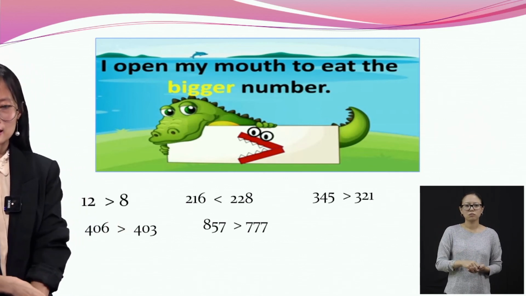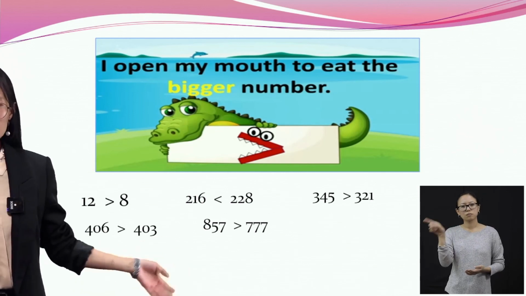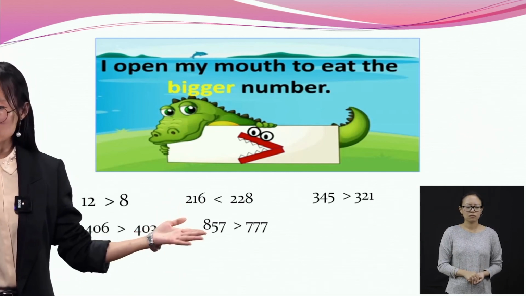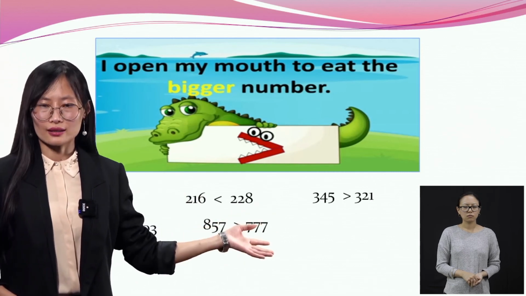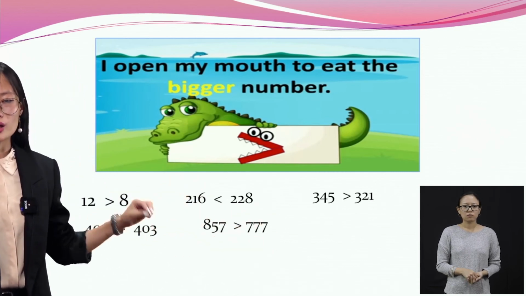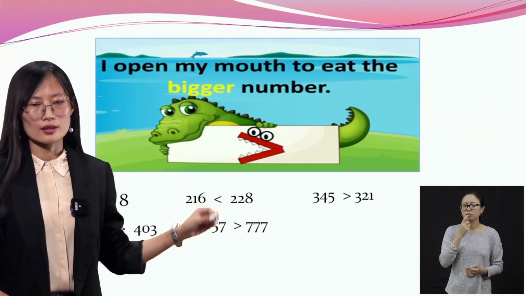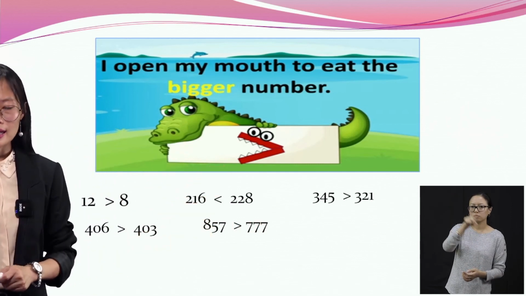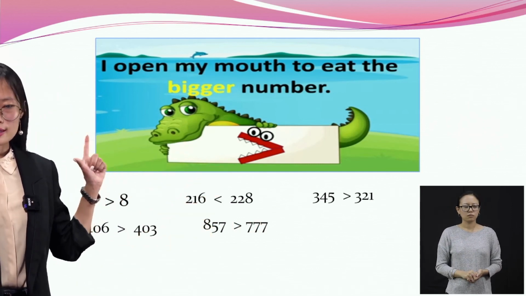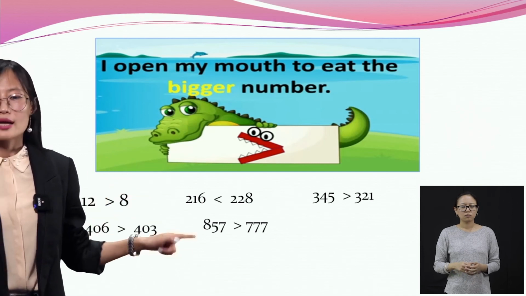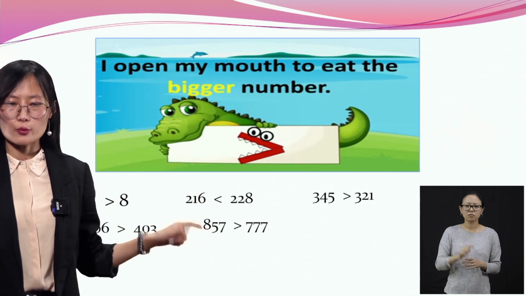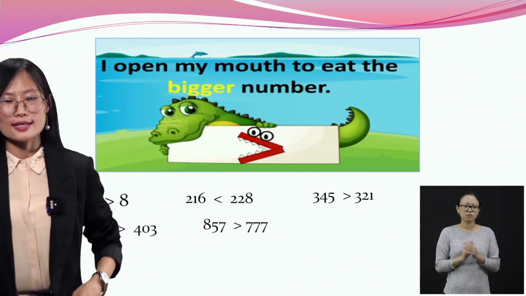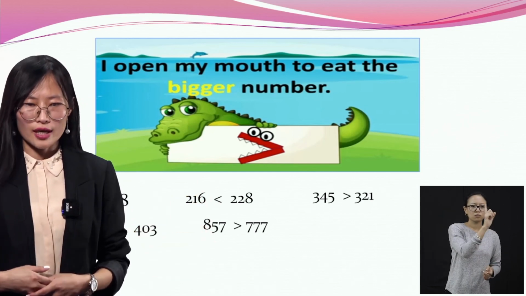On the left-hand side you have 1, and the other number you have 2, which means 228 is greater. The mouth is facing toward 228. And if you see the sign, this looks like an L. So we read it as 216 is less than 228.